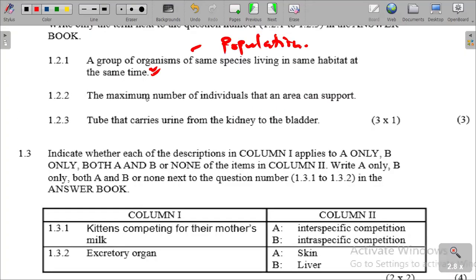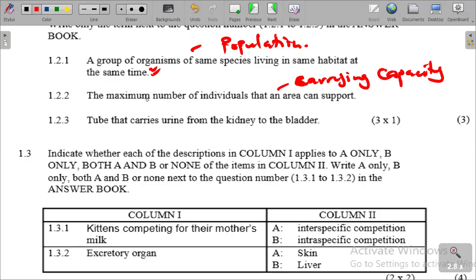The maximum number of individuals that an area can support is called carrying capacity. Carrying capacity is the maximum number of organisms that a given area can sustain. If the carrying capacity is exceeded, it results in overpopulation and also the destruction of the given habitat.